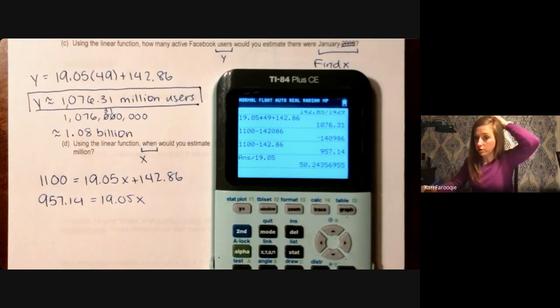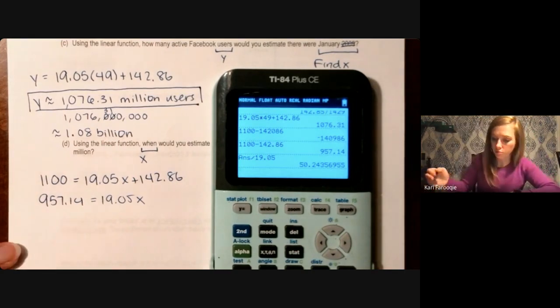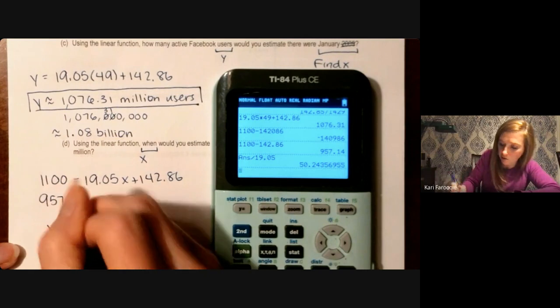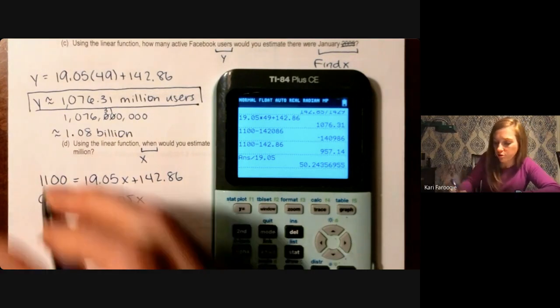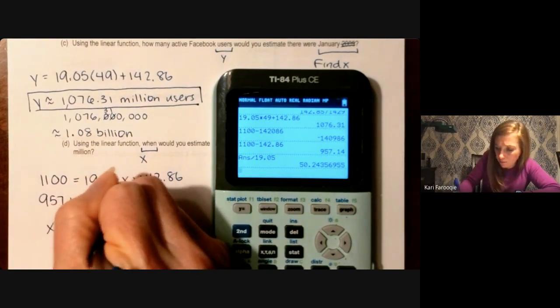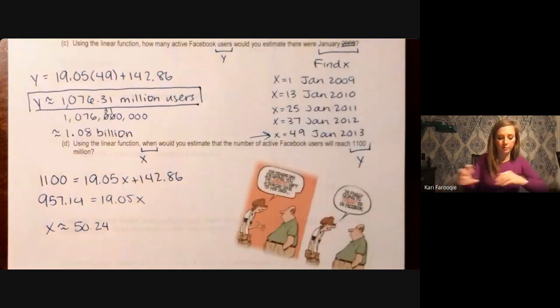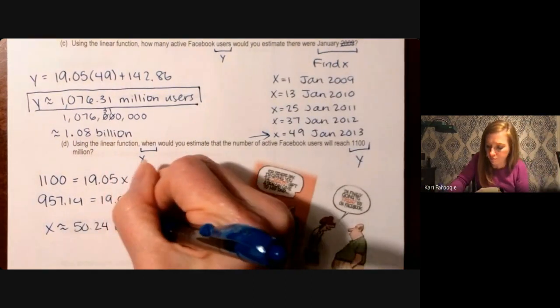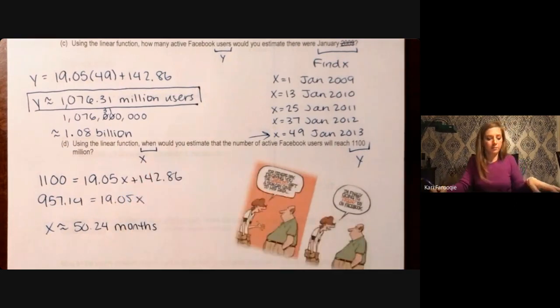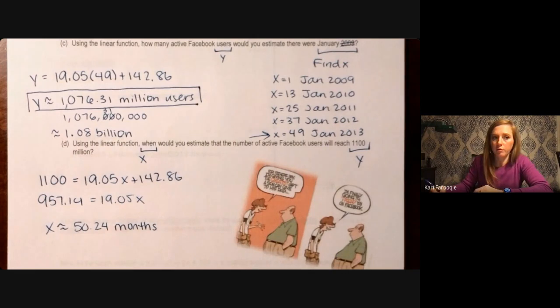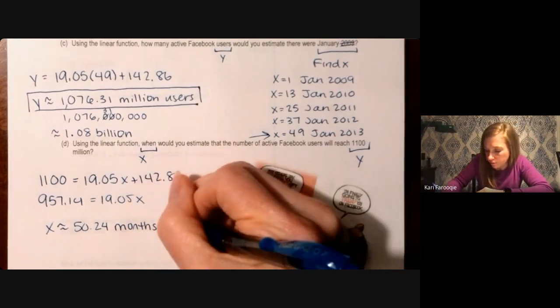And hopefully we'll get an answer that makes sense. We'll get x is approximately equal to 50.24 months. X represents the number of months after December 2008.